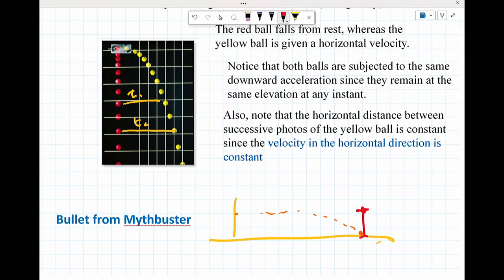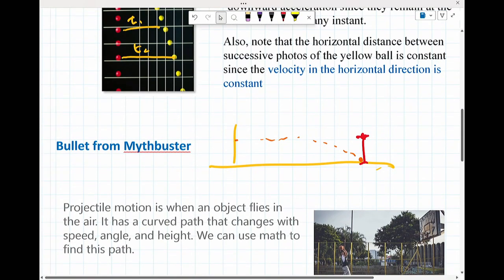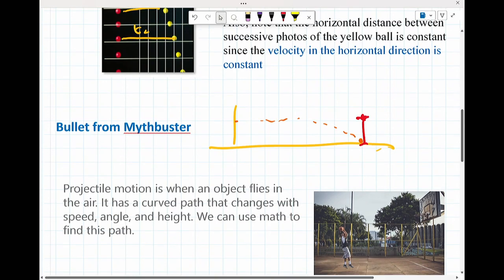It's a neat experiment to convince yourself that this is right, and it helps you be convinced that it is worthwhile to make this sort of assumption. We're making a whole bunch of assumptions here, but the big one is: is acceleration in x equal to 0 reasonable?